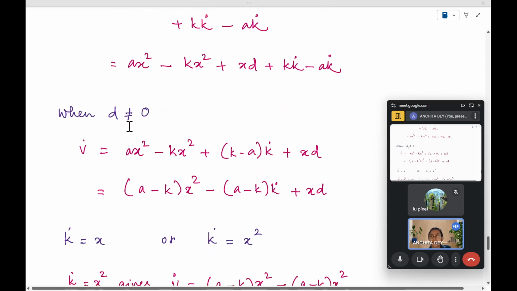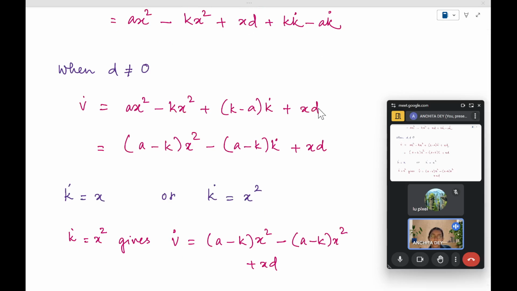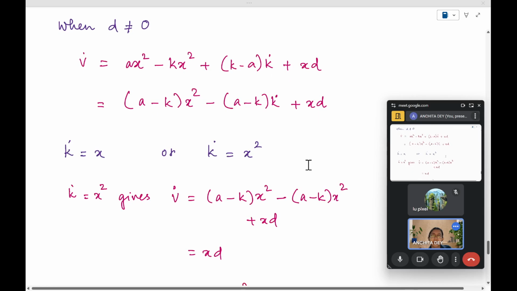We just consider when d is not equal to 0. In this case, V dot is equal to ax square minus kx square plus this xd term, which will of course stay here. If we take this common, we have (a minus k) into x square minus (a minus k) into k dot plus xd.